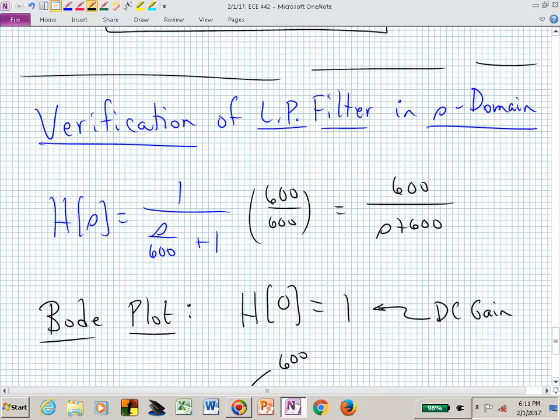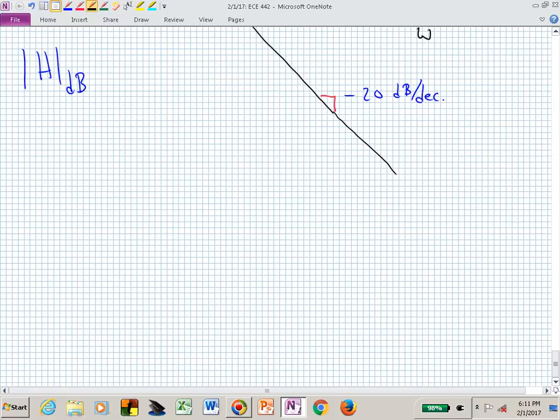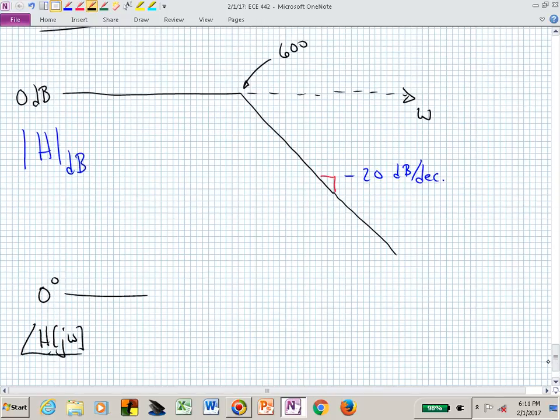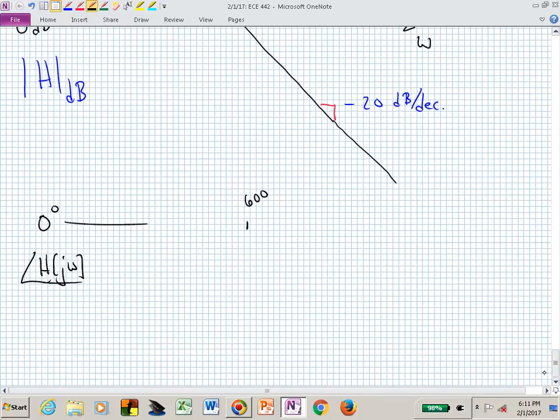So I'm now transitioning from 0 degrees to minus 90 degrees, and where are those transitions occurring in the phase diagram? Here's 0 degrees. This is now the angle of H of j omega. It'd be nice if I could relate it to this 600. Here's 600. And you told me that eventually at high frequencies I will have an angle of minus 90. What's the angle at 600? Do you remember?